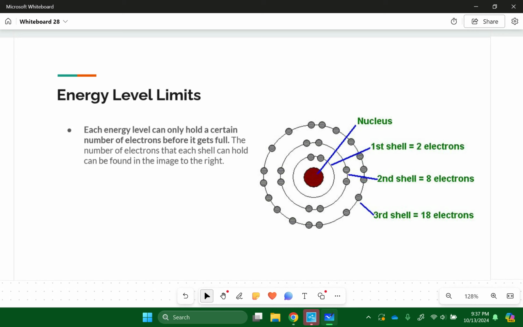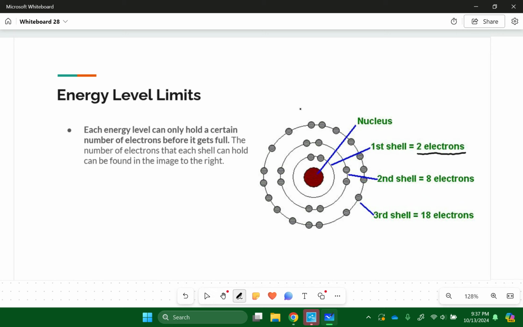The first energy level, this first ring right here, can hold 2 electrons. That's because it's the smallest ring, the one closest to the center. Because it's so small, it can only hold 2 electrons. If we tried to add a third one there, they would be too close together and it wouldn't be stable.